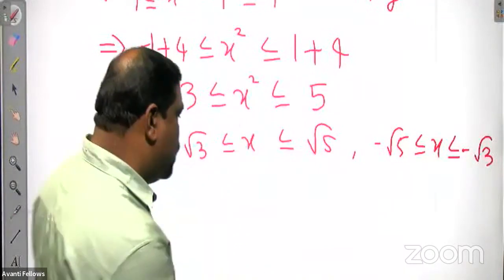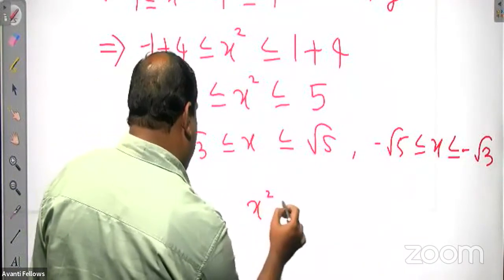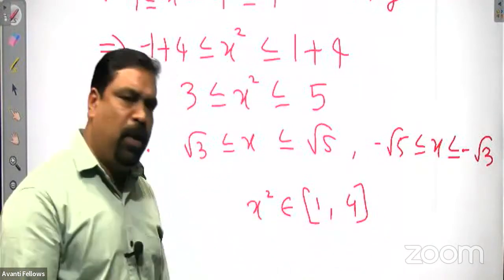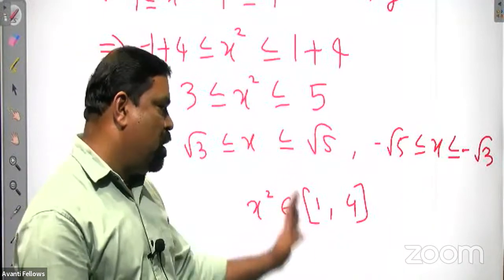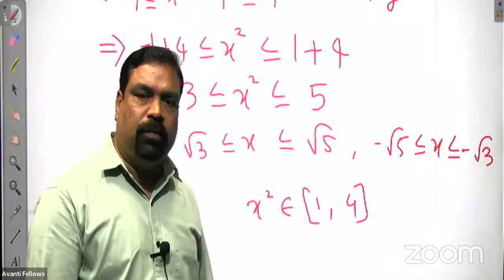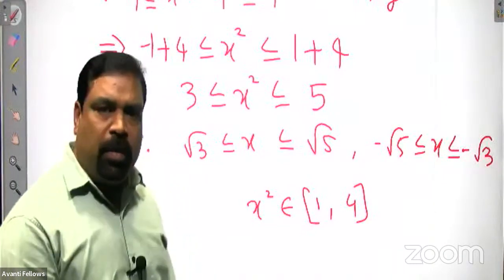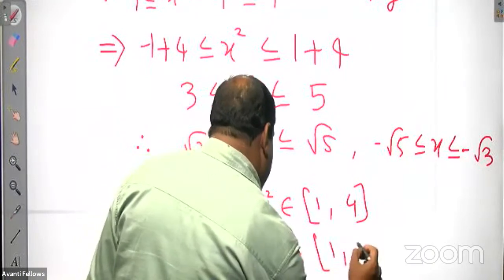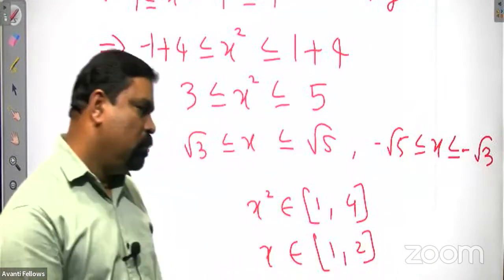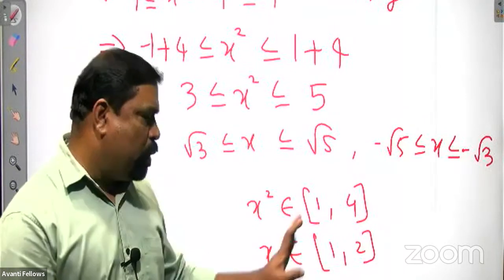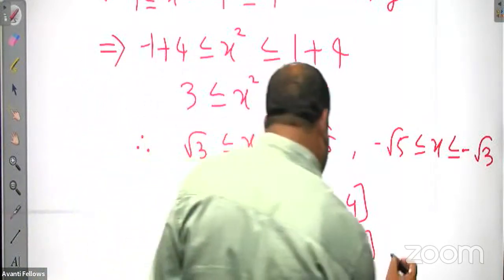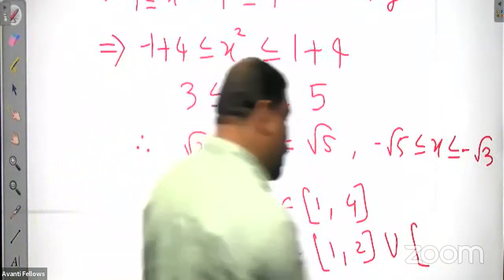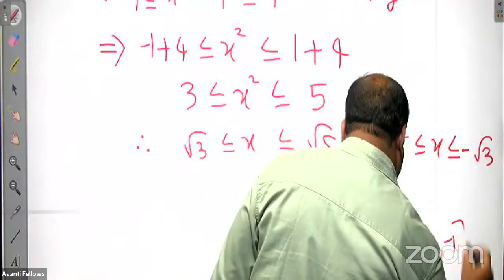Is it clear? For example, if I say x square lies between 1 and 4, the value of x square belongs to the closed interval 1 to 4. Then what can you say about x? Sometimes we may commit a mistake. Simply we say that x belongs to 1, 2. X belongs to 1, 2 is also correct, but not only this interval, there is one more interval. What is that? X also belongs to which interval? -2 to -1.